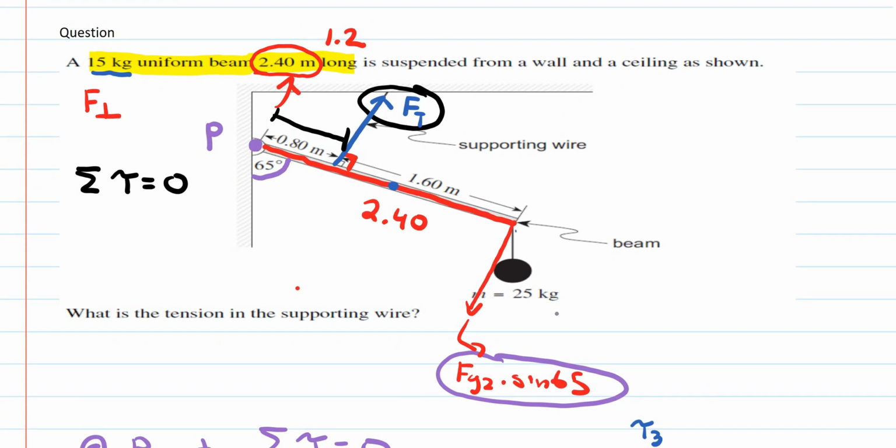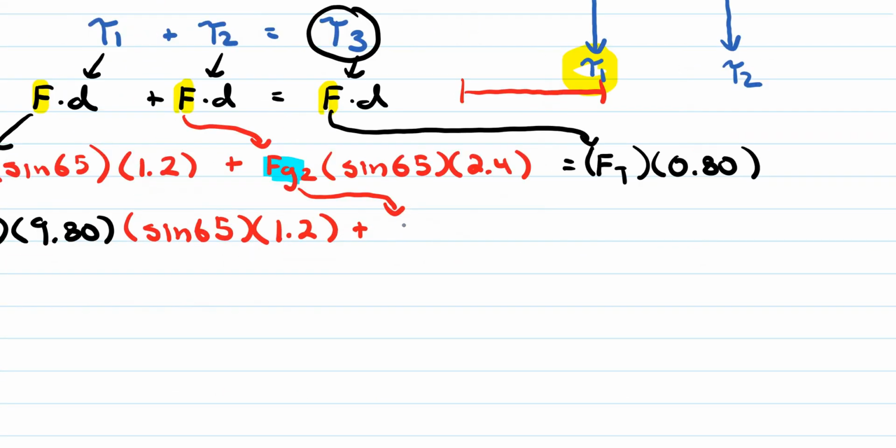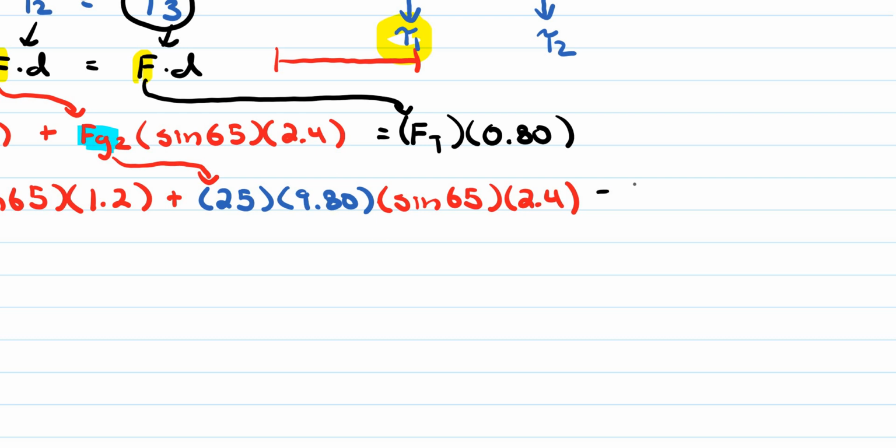This ball right here is 25 kilograms, so its force of gravity is going to be 25 kilograms times 9.80, and then everything else remains the same, sine 65 times 2.4, and that's going to equal the force tension times 0.80.